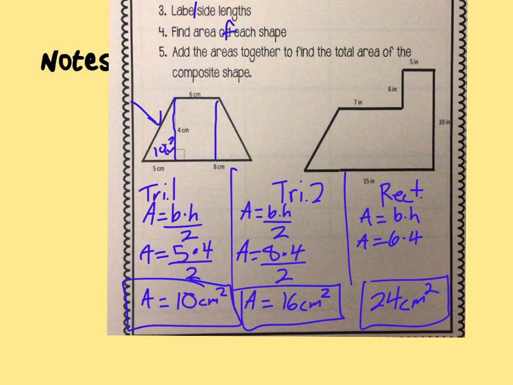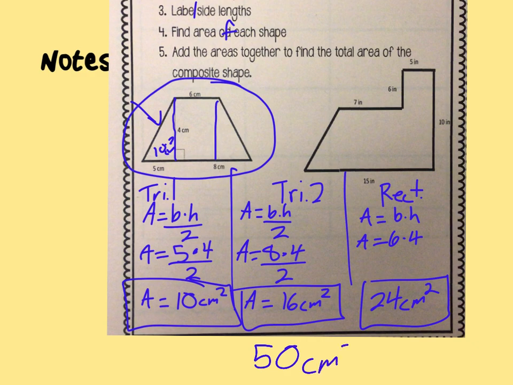Now, if I want the area of the entire shape, I'm going to add these 3 numbers together. I'm going to take out the calculator to help me here, since it's allowed: 10 plus 16 plus 24 gives me 50 centimeters squared.